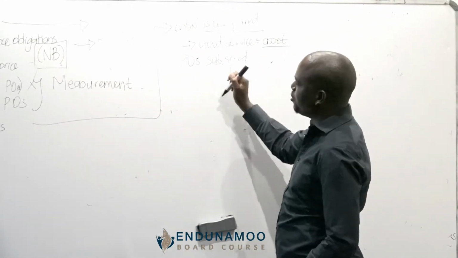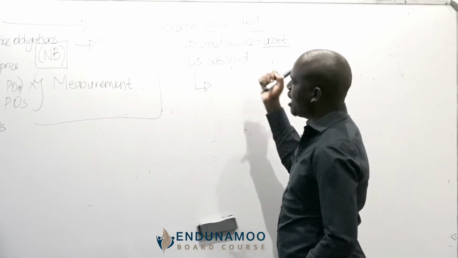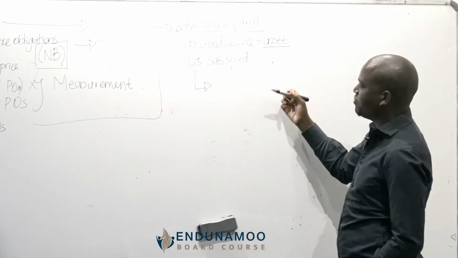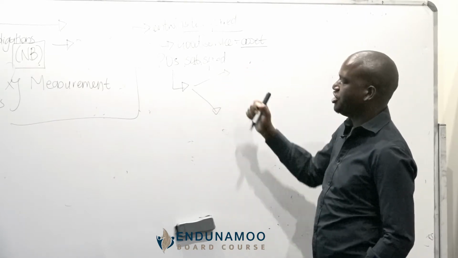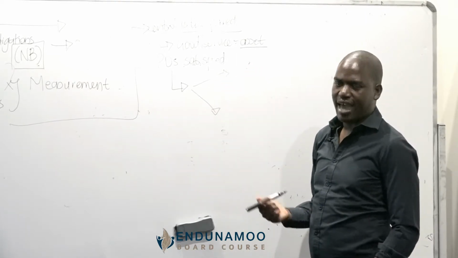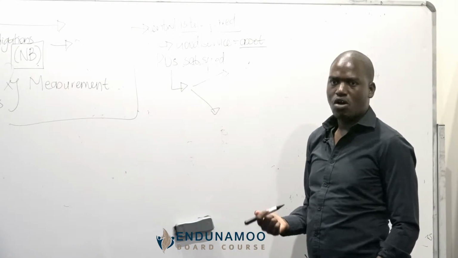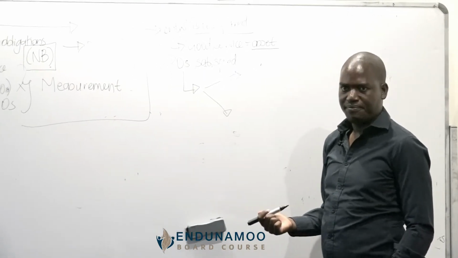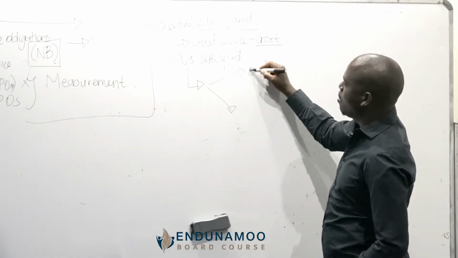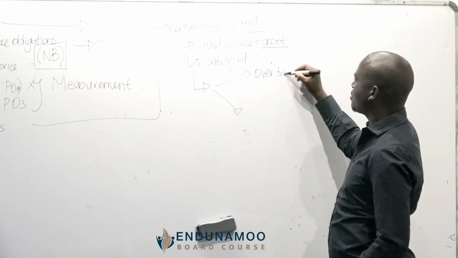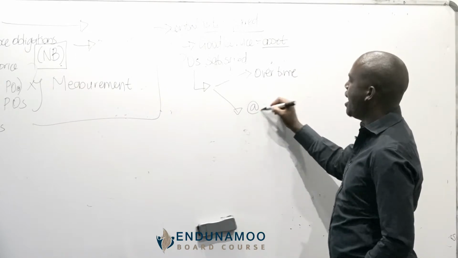But before you get there, as part of this process, you need to ask whether the performance obligation is satisfied at a point in time or over time. So is the performance obligation satisfied over time or at a point in time?